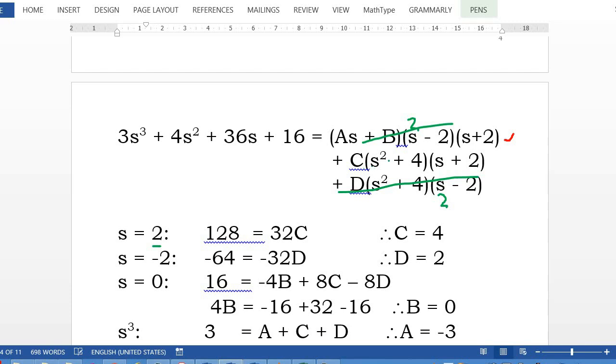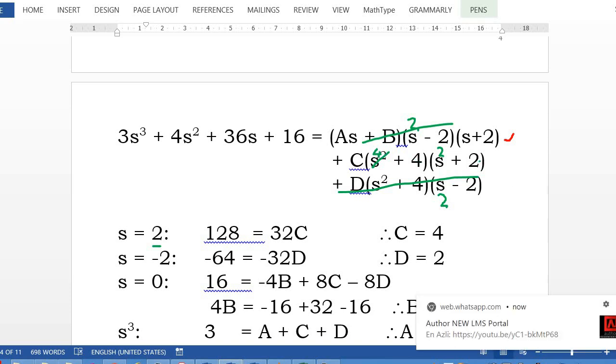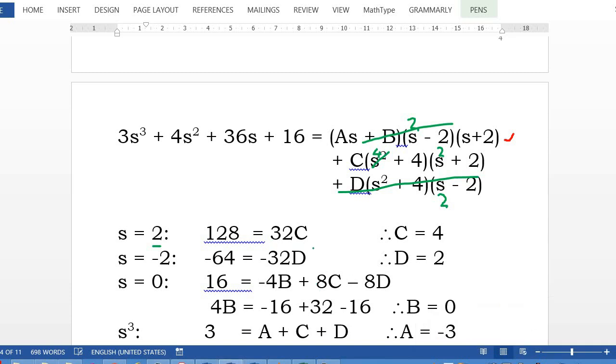We look at the right side first. With s equal to 2, 2 squared is 4, 4 plus 4 is 8, 8 times 4, so you have 32C. And plug in s equal to 2 on the left side.